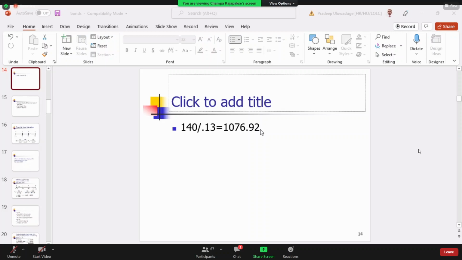Now, say for example, the bond is being sold at 1,100. You know that it's being overpriced. The real value that you have calculated is 1,076. 1,100 is an overpricing of the bond, and you should not buy the bond if the price is greater than this.